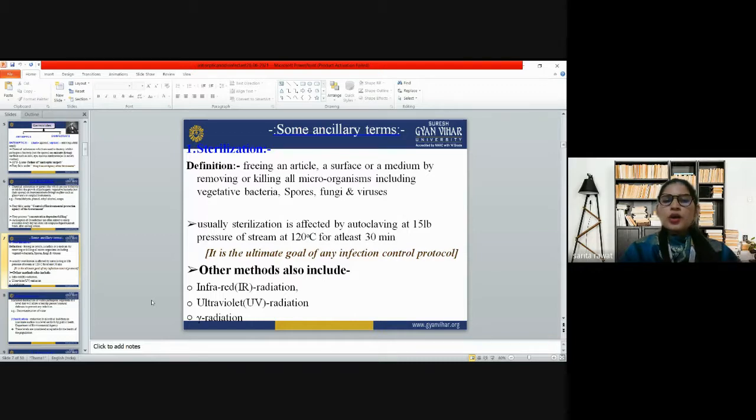It is the ultimate goal of any infection control protocol. Whenever we perform any delicate procedures, we have to sterilize things properly so that microbial contamination doesn't occur. Other methods also include infrared radiation, ultraviolet radiation, and gamma radiation.